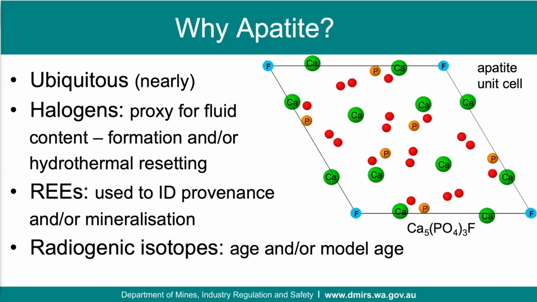Other things incorporated within the apatite are rare earths and other trace elements, which a multitude of researchers have been using to identify provenance, where the fluids or the rock came from, but also whether or not it's found near mineralization and what type of mineralization that could be. And on top of that, it also incorporates radiogenic isotopes, which can be used to date that apatite and potentially date that mineralization. And if not, it'll give you information on terrain evolution.